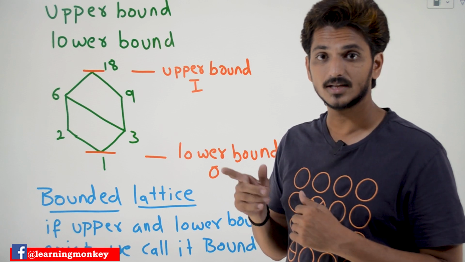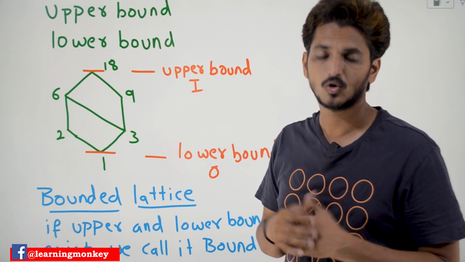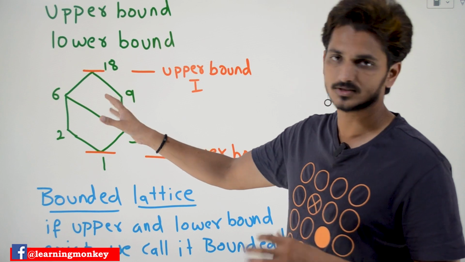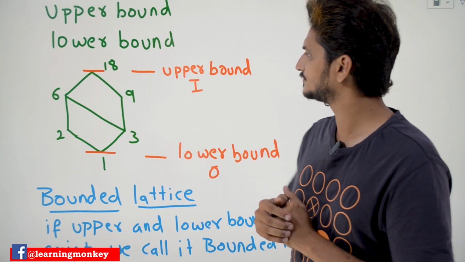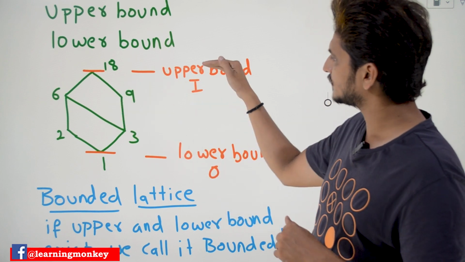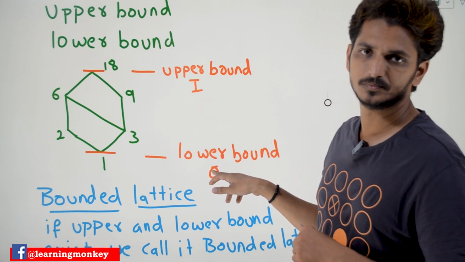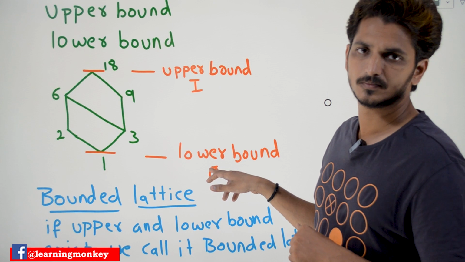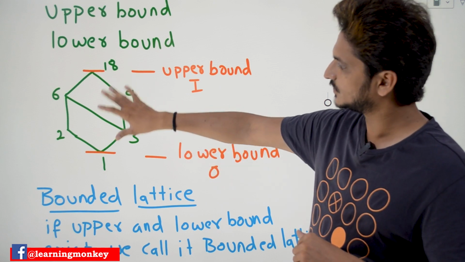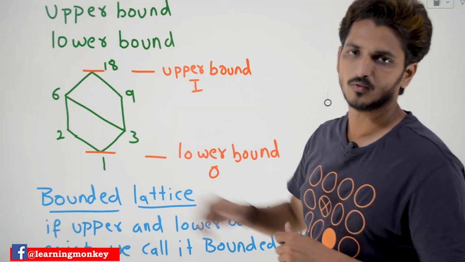The relation symbol here is divides. Hoping that you already know how we got this lattice. The upper bound we call I and the lower bound we call O. So this is the upper bound and this is the lower bound.